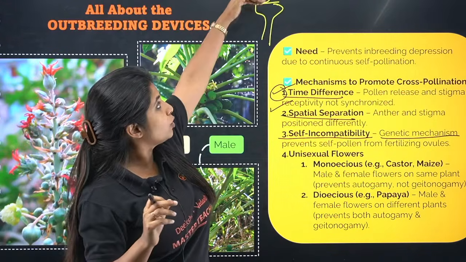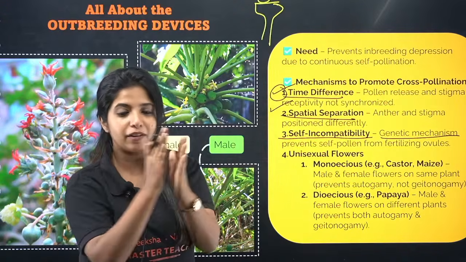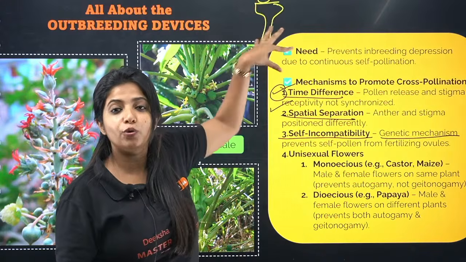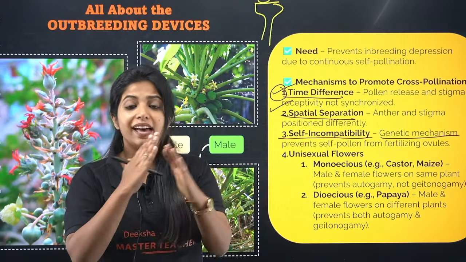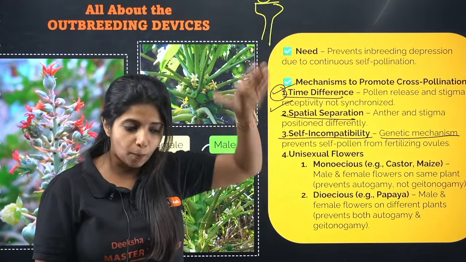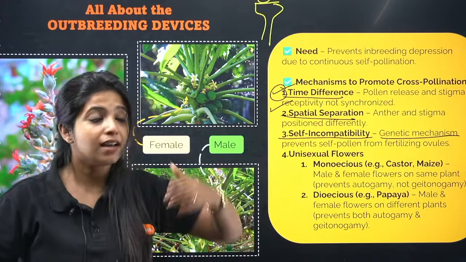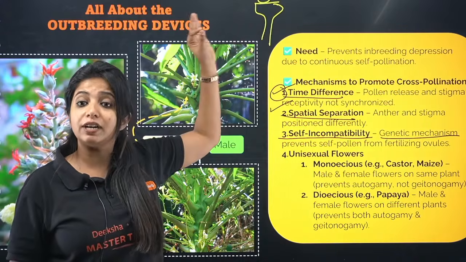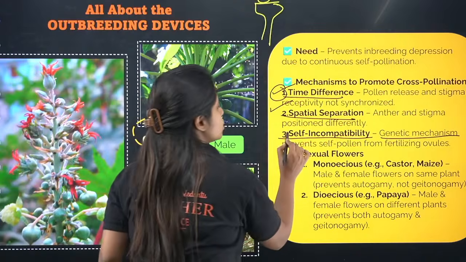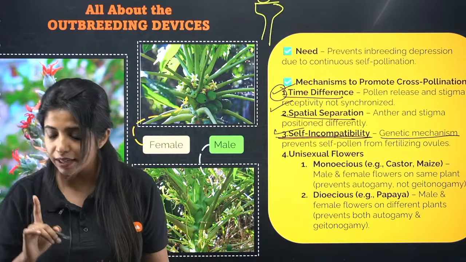The pollen could be of the same species, everything will be similar, a perfect match, a 10 on 10 match, but it does not allow pollen tube growth to happen. There is some chemical blockage happening there. For pollen-pistil interaction to happen properly, only then can fertilization happen later on, right? Here that is being stopped, and this is a genetic mechanism. You do not allow pollen tube growth to happen, and that is known as the self-incompatibility mechanism. Cool? It's a genetic mechanism.